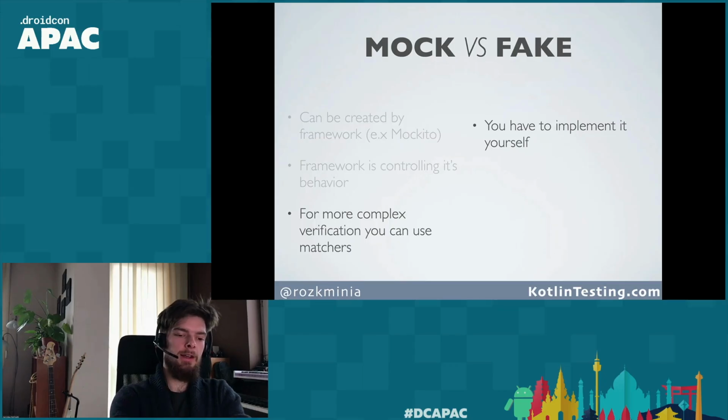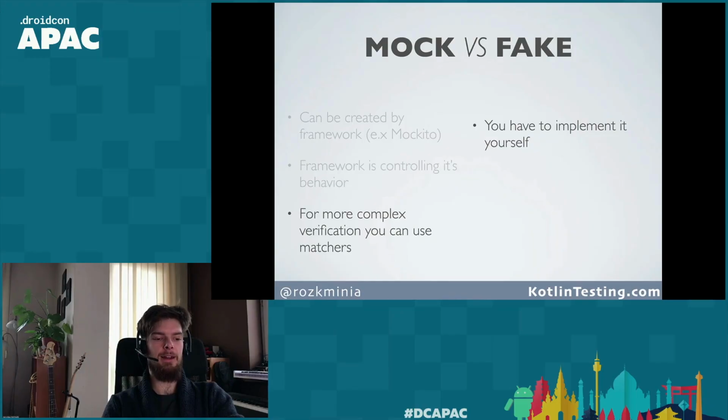Fake, on the other hand, has to be implemented by you, by the developer. In non-complex cases, such as a splash screen, as shown before, it's just implementing interface and adding some Boolean properties to this fake. And you are in full control in here. You can decide how this fake should behave, and effectively you can reduce complex verification to simple assertions, as shown before in an example.